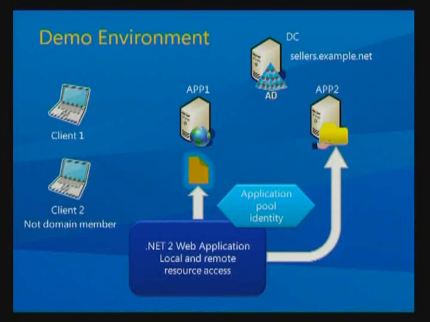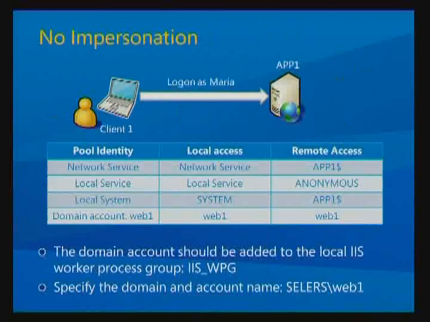Click 1 accesses a local resource. Click 2 accesses a resource on app 1, and click 3 goes to a resource on the domain controller. It's a file system resource. Why? Because it's nice and easy to audit, but it shows you everything you need to know. So no impersonation is involved, because we're not impersonating someone.